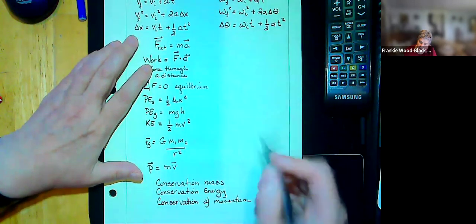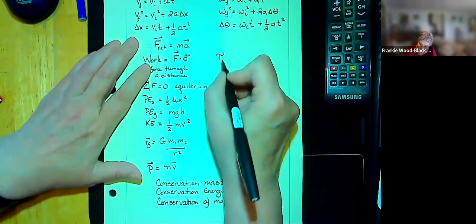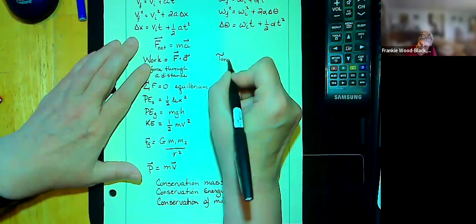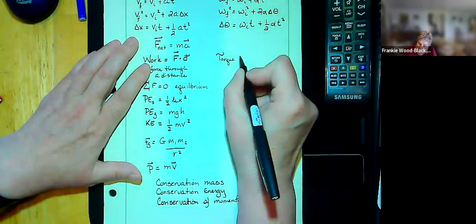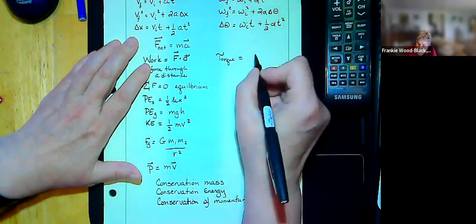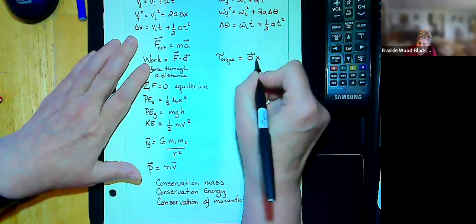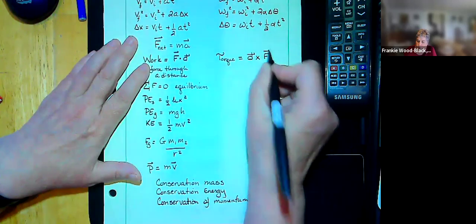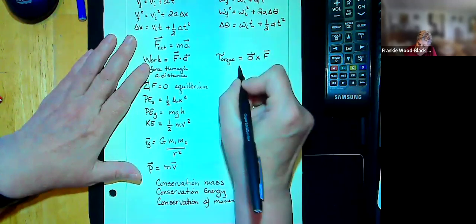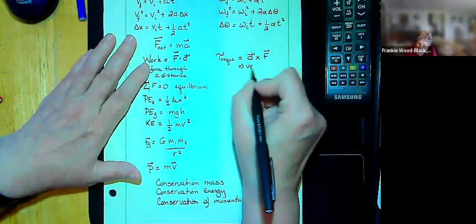So we are actually going to define something called torque. And torque is going to be a cross product. All right. And it's a cross product of our distance and our force. This will be a vector product.